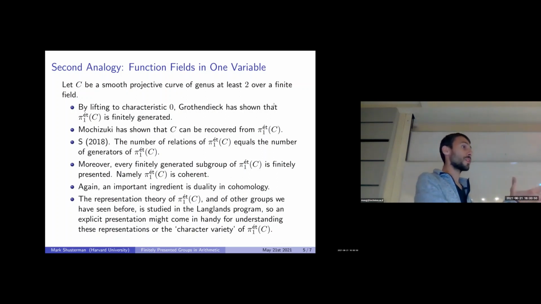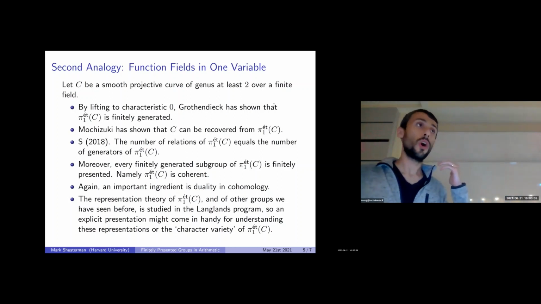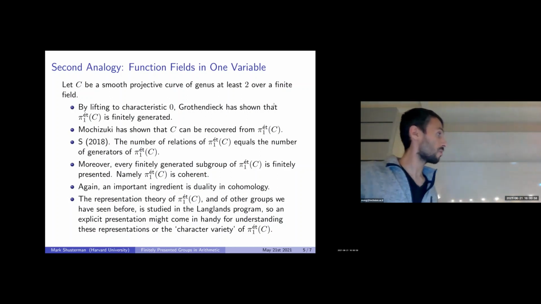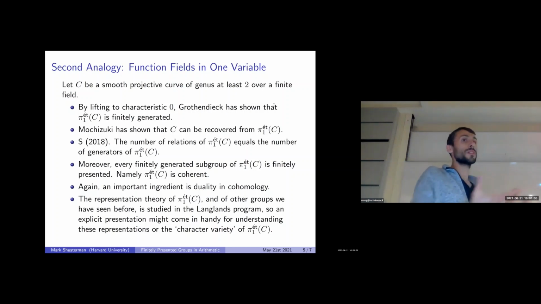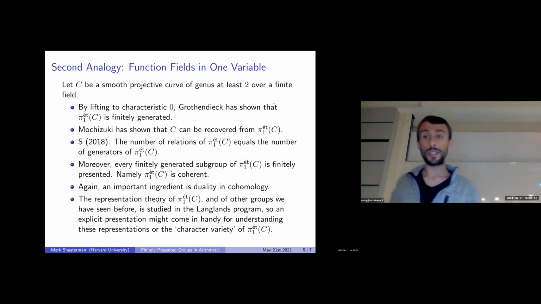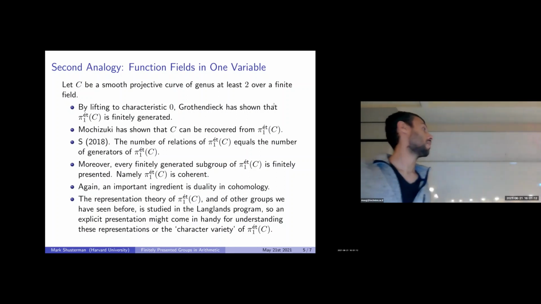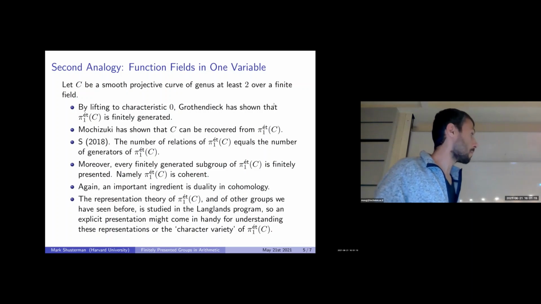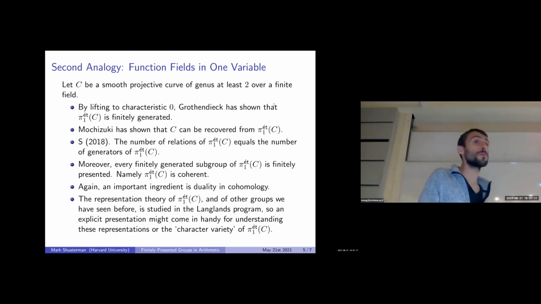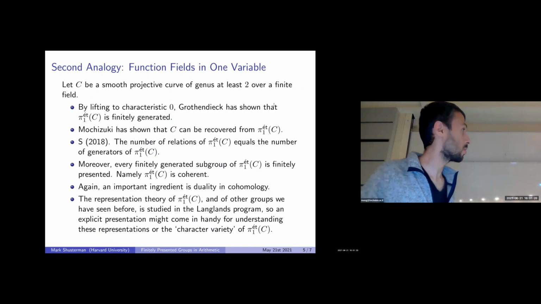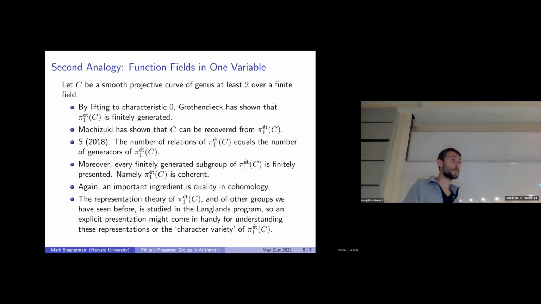Because if you want to study a homomorphism into some specific GL_n, then knowing what the relations are is very helpful for knowing what the homomorphisms are into various concrete groups. If I could get some very concrete handle on this group, I would also be able to say maybe something about their representation theory, which is something that people in the Langlands program care about very much. But I don't yet have any applications of that sort because my presentations are very far from being explicit.